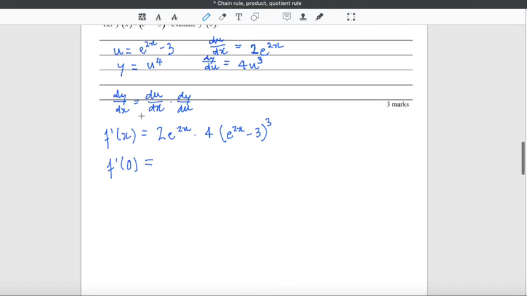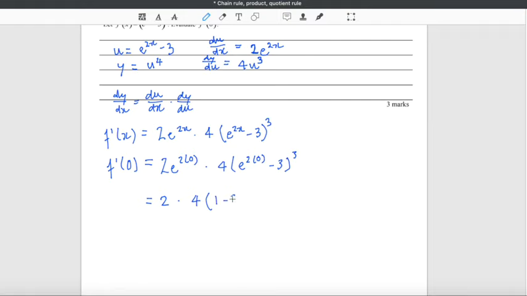So what we get now is, substitute a 0 wherever I see an x, so it's 2e to the power of 2 times 0 times 4 times (e to the power of 2 times 0 minus 3) all cubed. So 2 times e to the power of 2 times 0, so that's e to the power of 0. E to the power of 0 is 1. Anything to the power of 0 is 1, I should say. So this part here is just 2 times 4 lots of e to the power of 0 again.